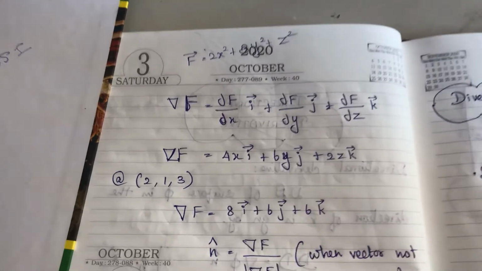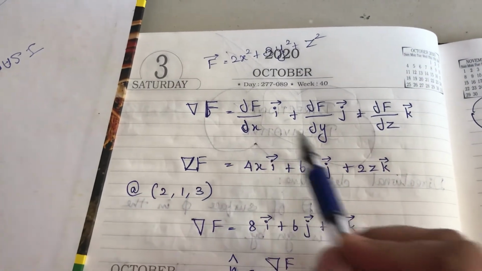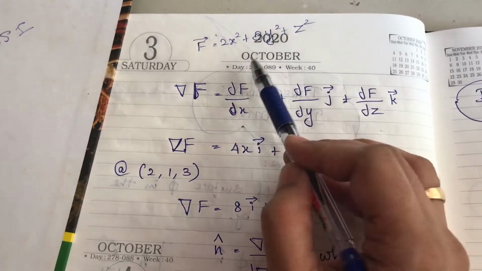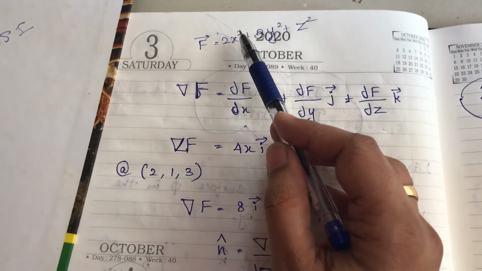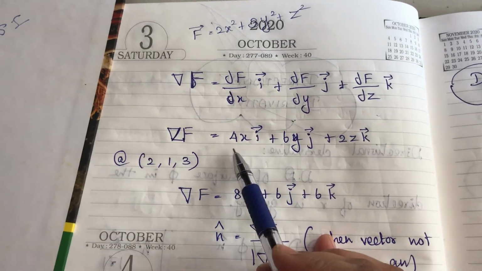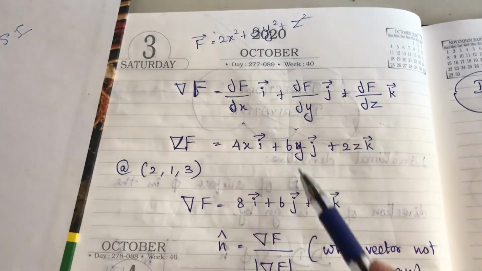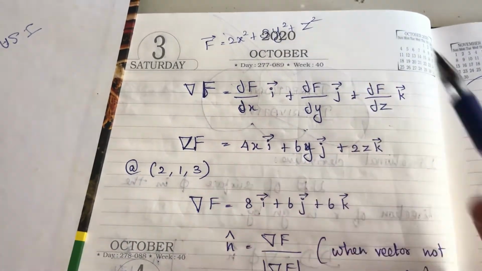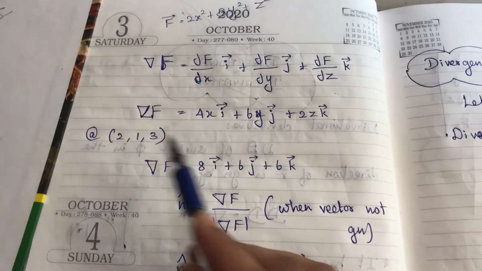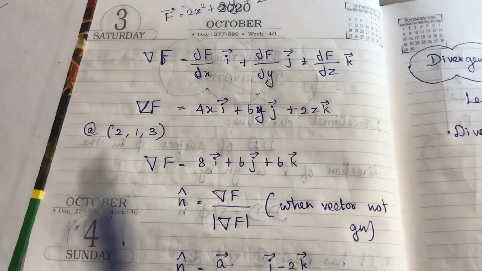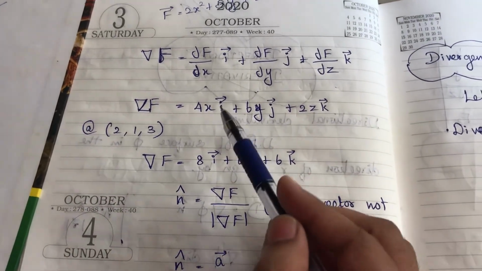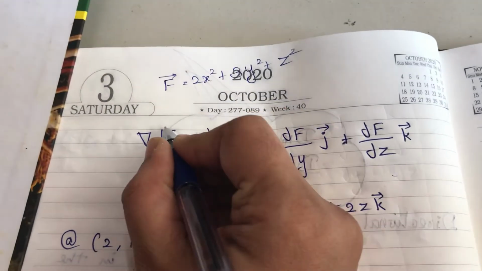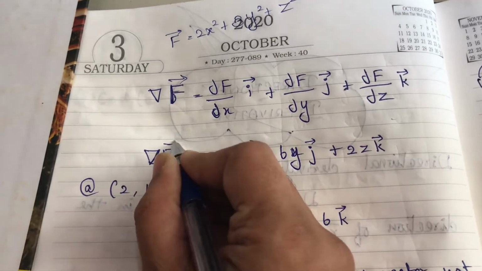By differentiating this f with respect to x, y, z: with respect to x, the other two terms are constants and become 0, so this 2 will come in front, giving 4x. Likewise, 3 twos are 6, so 6y, plus this 2 comes in front, so 2z. I just differentiate this function f, and I have written i, j, k because this is a vector function, so I can easily write del f vector.